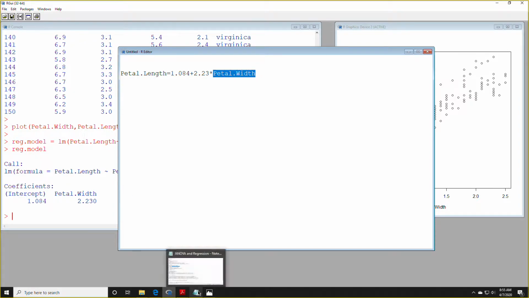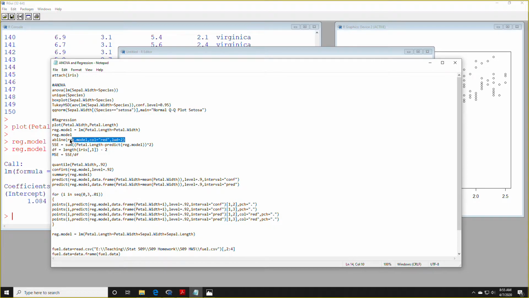Okay, so we would like to see what that regression line actually looks like, and that's what this line does. abline(reg.model). You can ignore the last two things.